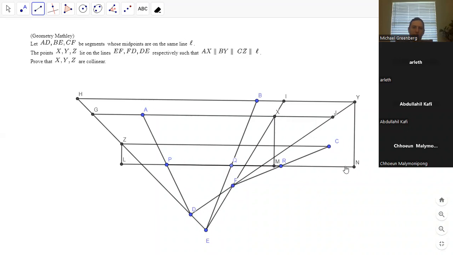So what we could do is we could draw, so X, Y, we could try this. If I draw the perpendicular here, MN, it's the distance from X to this line minus the distance from Y to this line.